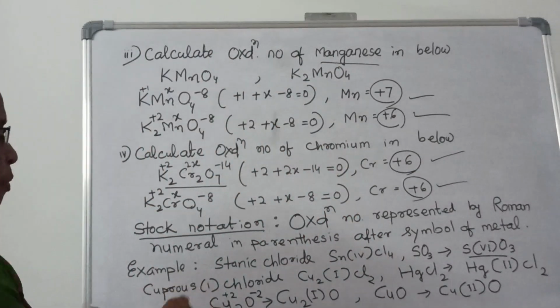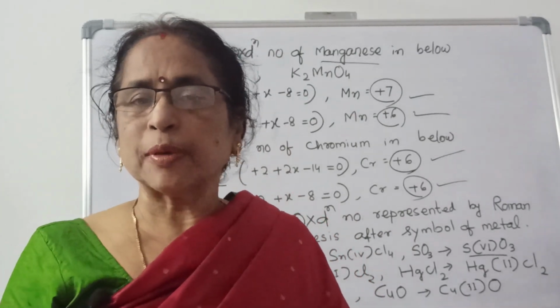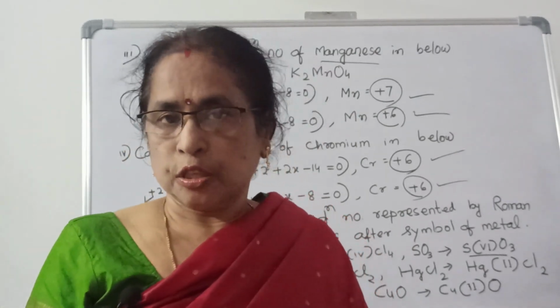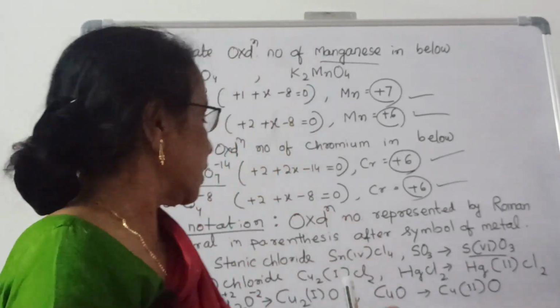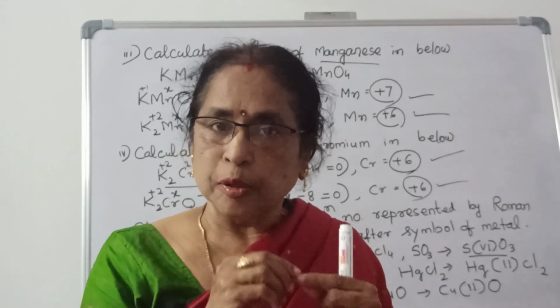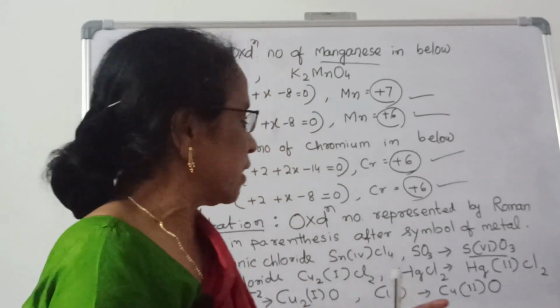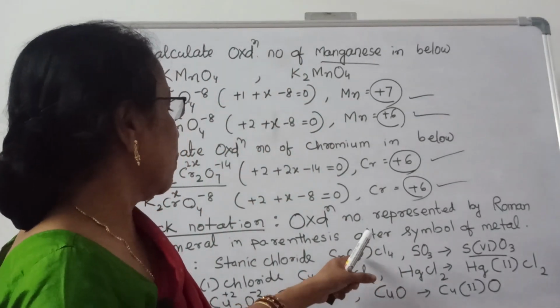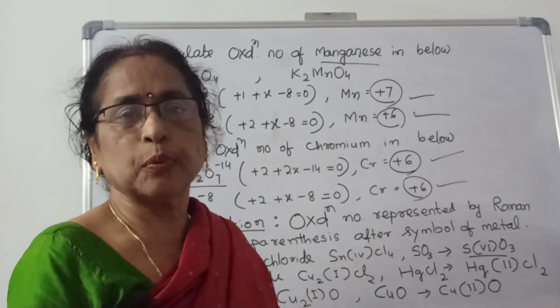As an example, stannic chloride, stannic plus 4, that means stannum has oxidation number plus 4. Then how can you represent SnCl4? After Sn you will put Roman numeral 4 in bracket: Sn, bracket, Roman numeral 4, bracket close, and then Cl4.